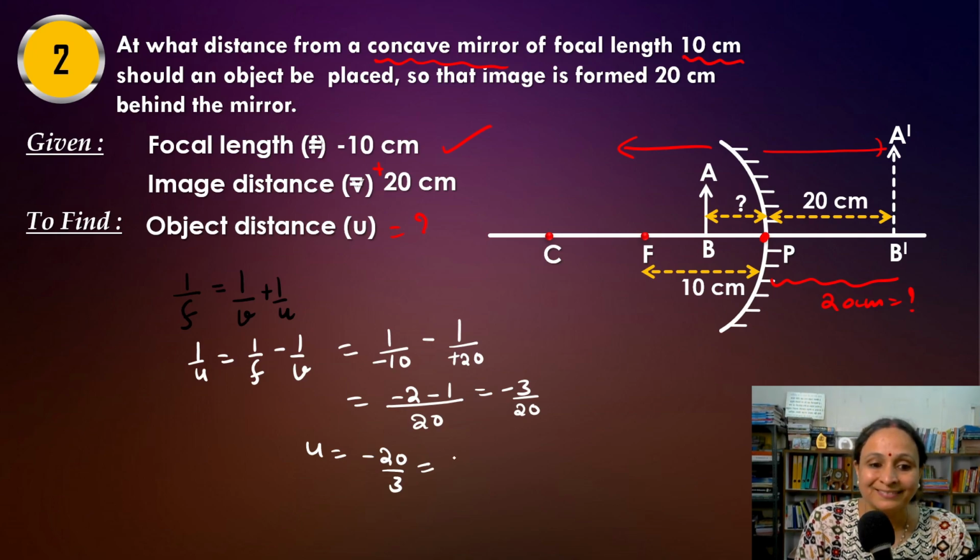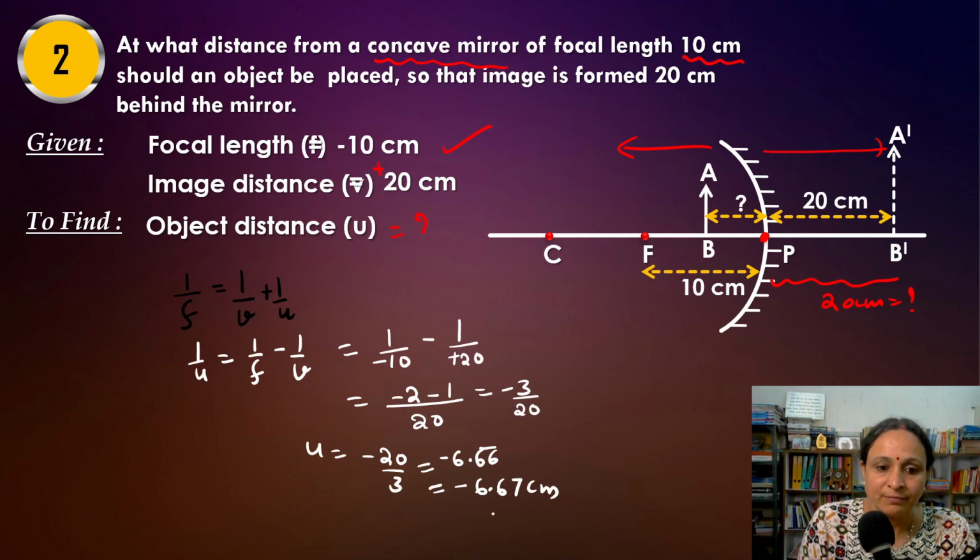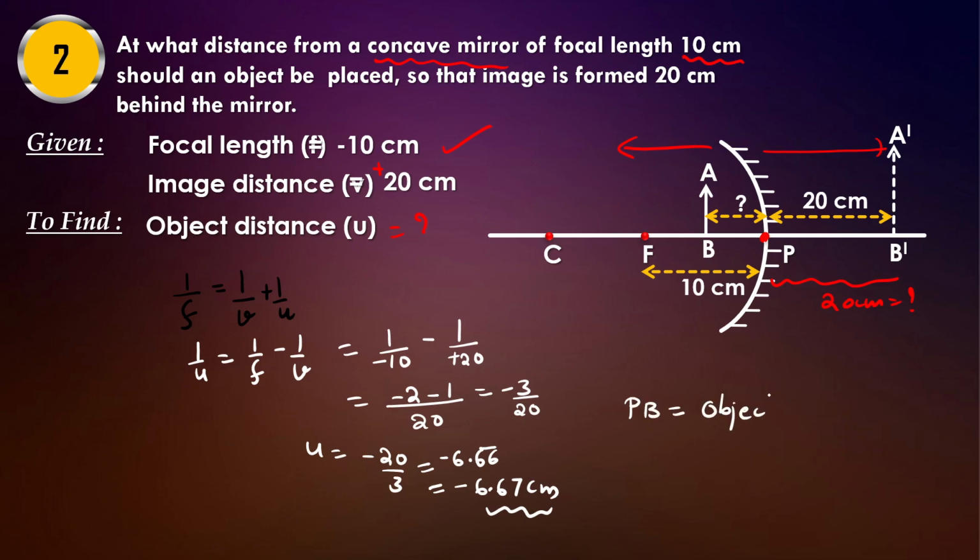So the answer is minus 6.66, approximately minus 6.67 centimeters from the mirror. This is the object distance, minus 6.67 centimeters in front of the mirror. This is your answer.